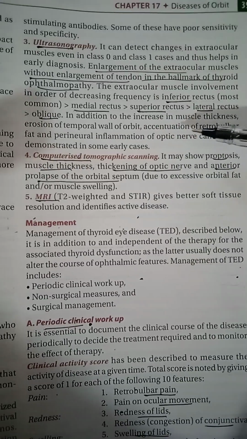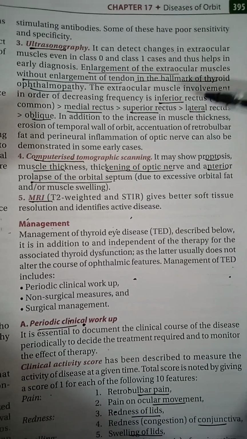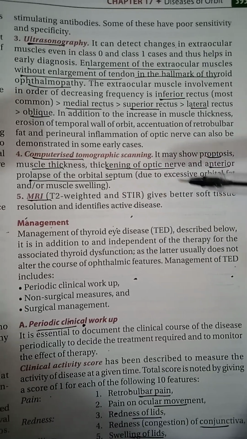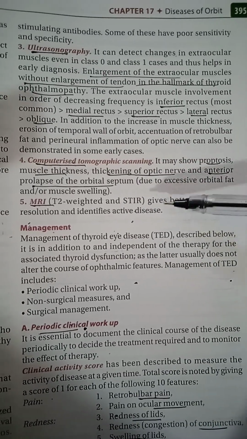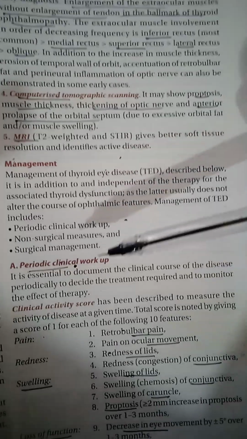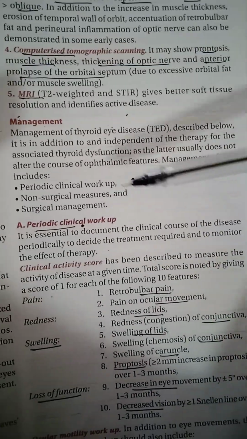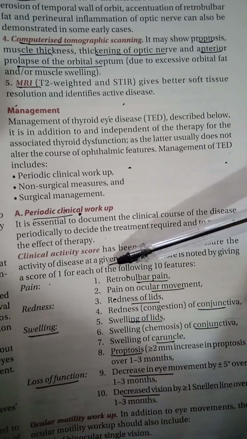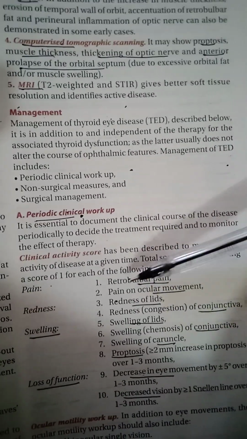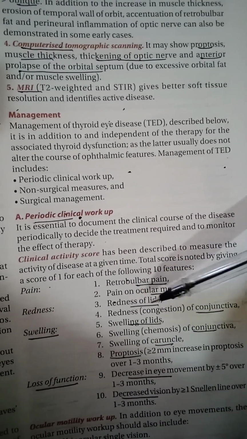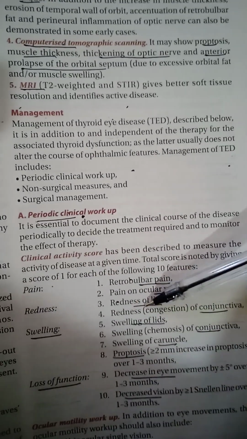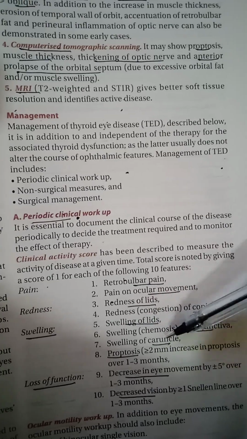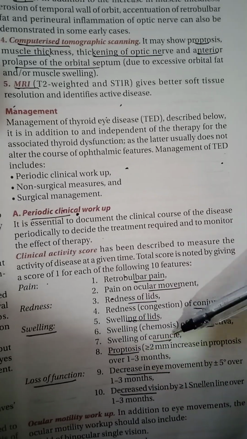CT scan will show the proptosis, muscle thickness, and any optic nerve involvement. MRI is better if any soft tissue involvement must be noticed. Management would be periodic clinical workup, with a clinical activity score based on pain: retroorbital pain, pain on movement; redness of the lid, redness of the conjunctiva; swelling of the lid, swelling of the conjunctiva, swelling of the caruncle; and proptosis greater than 2 mm over 1 to 3 months.